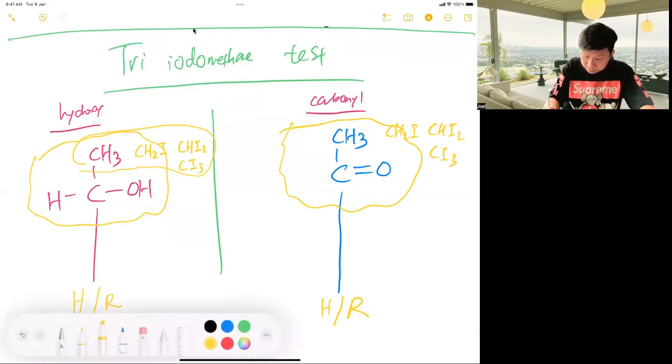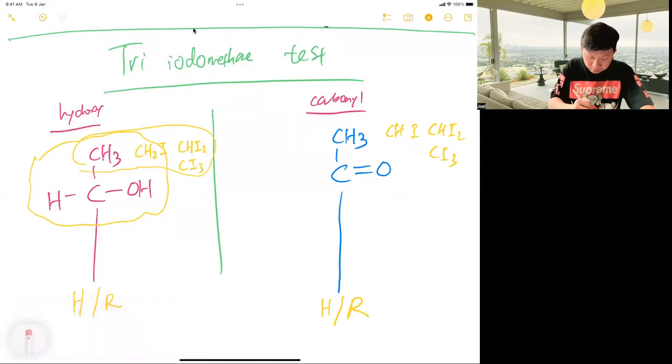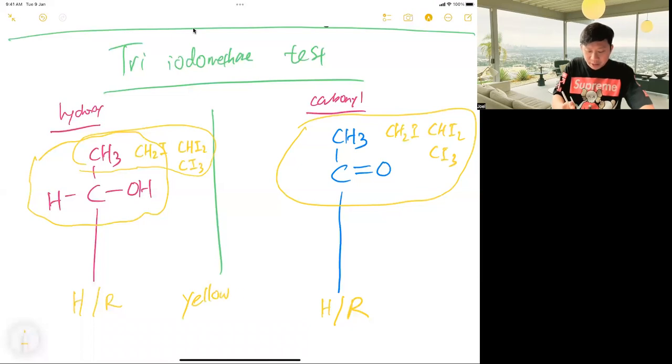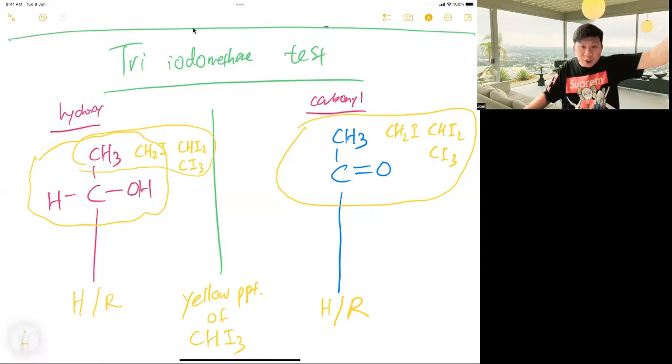Fixed. If there's a positive test, yellow precipitate of CHI3. So don't be confused. That was orange, 2,4-DNPH is orange. Now this is yellow.